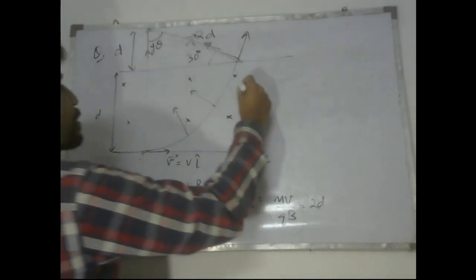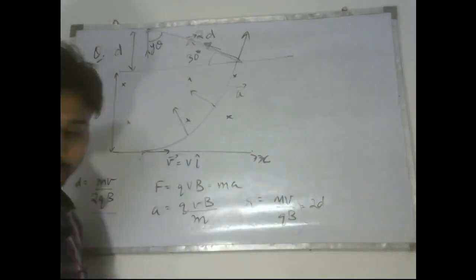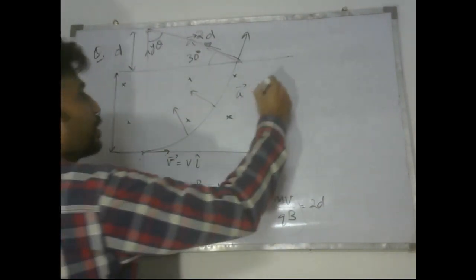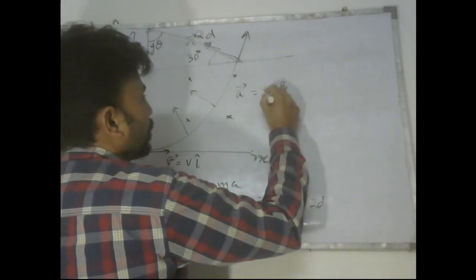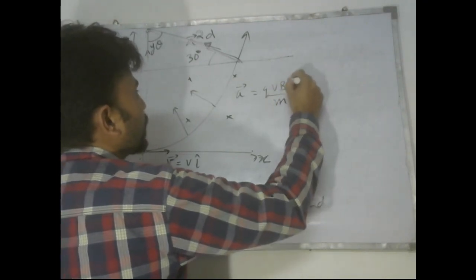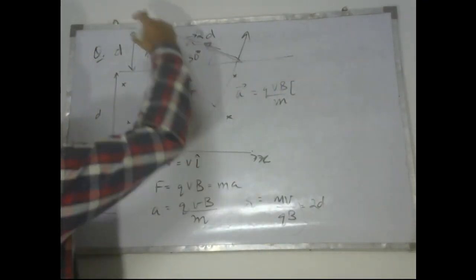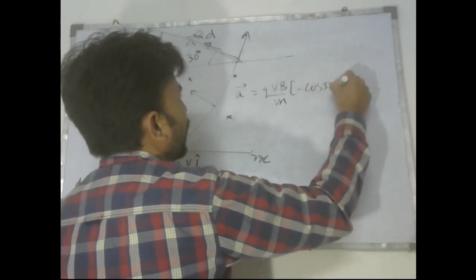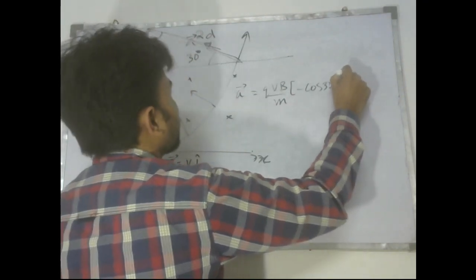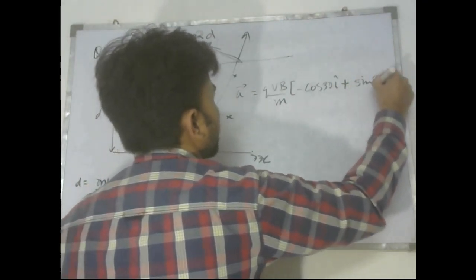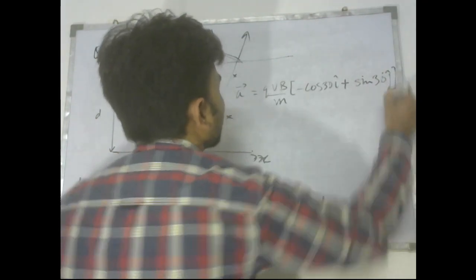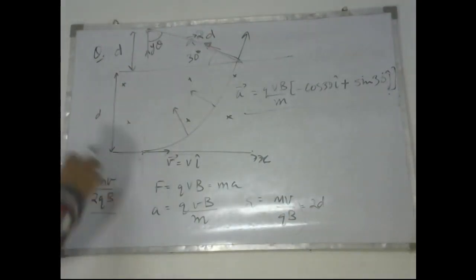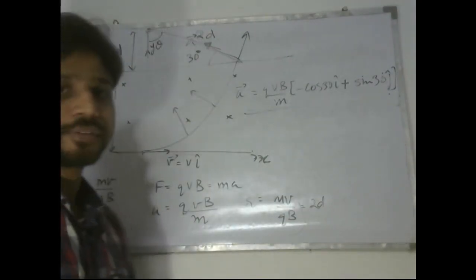So we can say the acceleration vector of the particle is the qvB by m value, that is the magnitude of the acceleration, and the direction in which the acceleration is acting will be minus cos 30 degree i cap and plus sine 30 degree j cap. So this would give us the acceleration vector of the particle when the particle has just left the magnetic field.